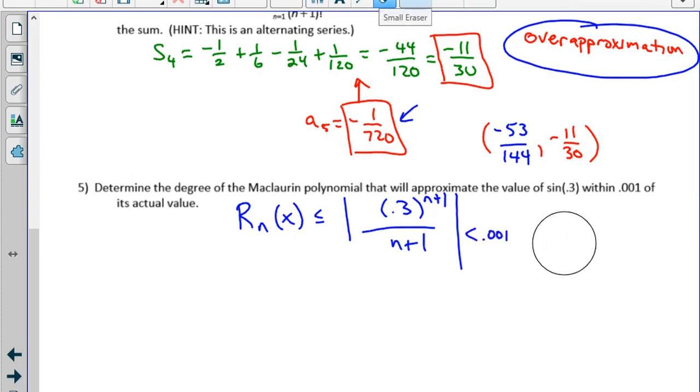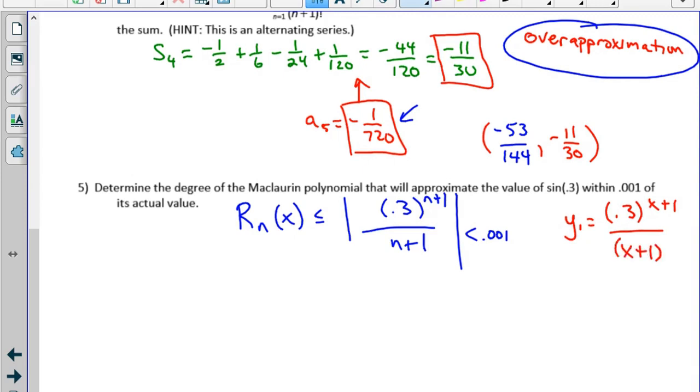So that's one way to do it. I can type those in the calculator. Or the other way that I can do it, once again, is go y1 equals 0.3 to the x plus 1 over x plus 1 factorial, go to the table, and then figure out when it finally ends up being less than 0.001.